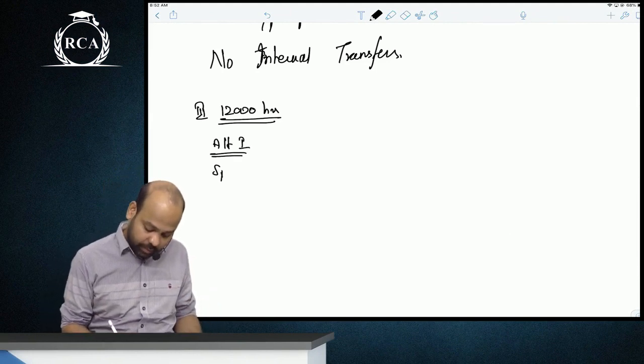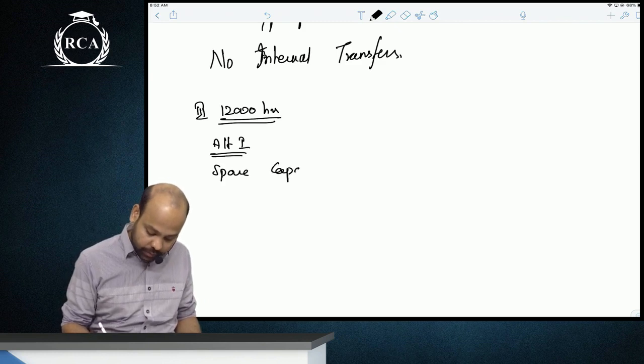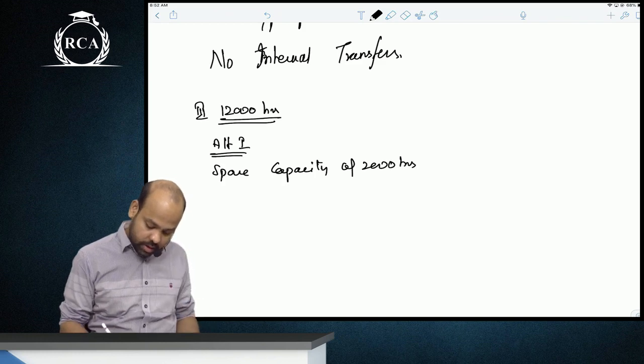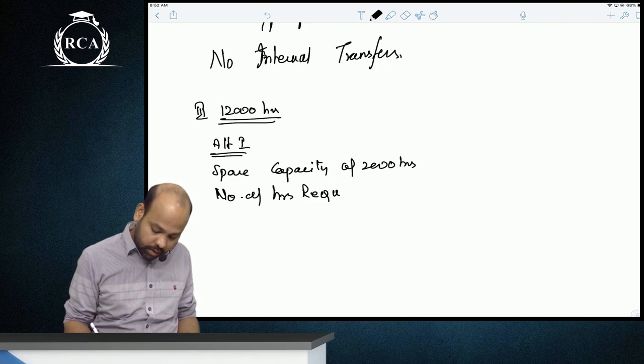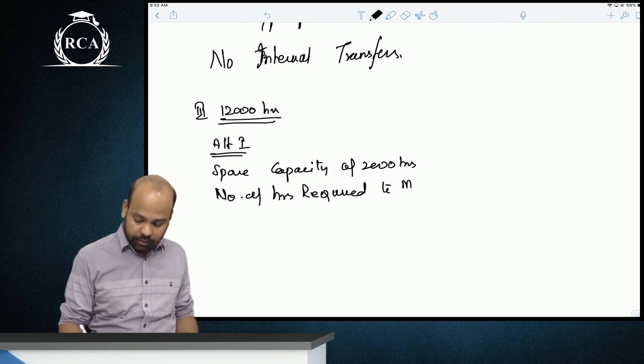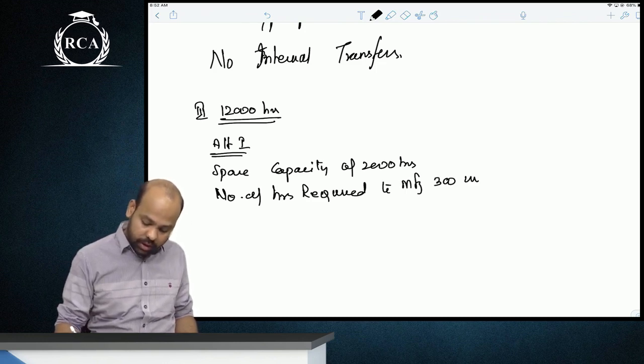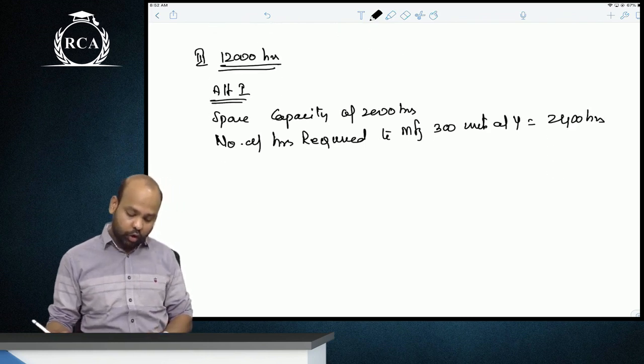Remember, guys, we have a spare capacity of 2000 hours. Yes or no? We have a spare capacity of 2000 hours. But the number of hours required to manufacture 300 units of Y is 2400 hours. This is what we already wrote in case 1.